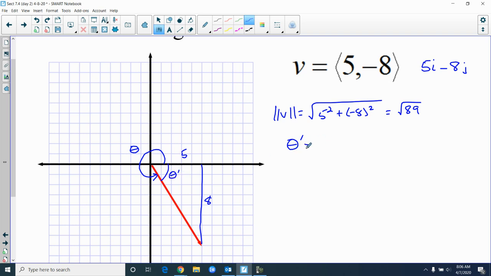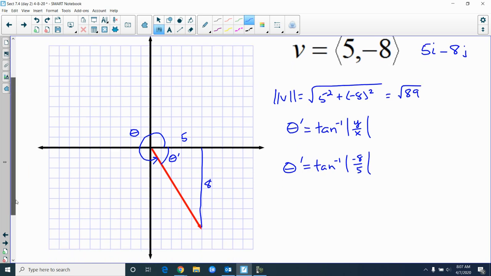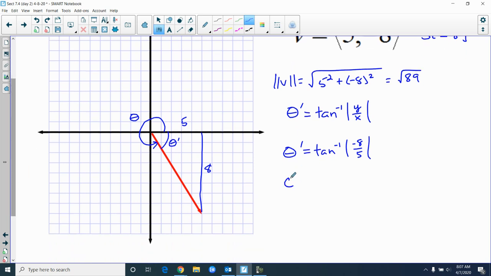It is always going to be the inverse tangent of the absolute value of y over x. Well, that's going to be the inverse tangent, the absolute value of -8 over 5. Well, if you just get in the habit of just using the positive values, you'll be fine.